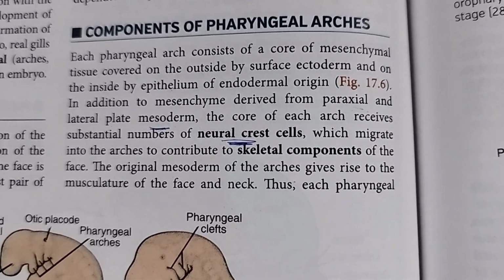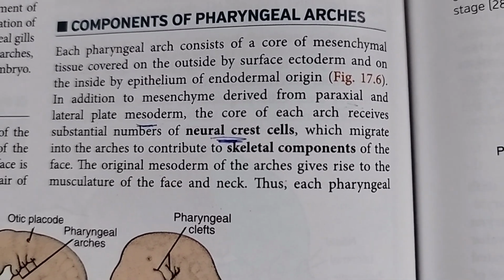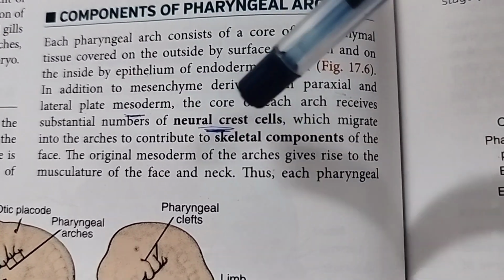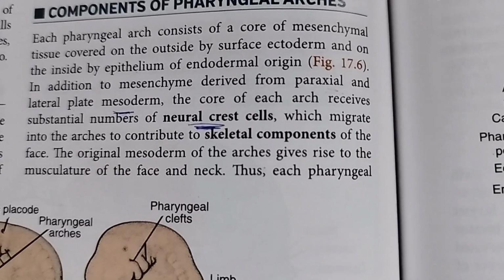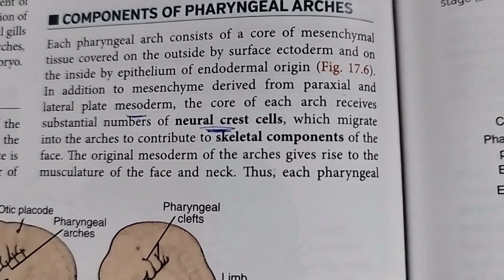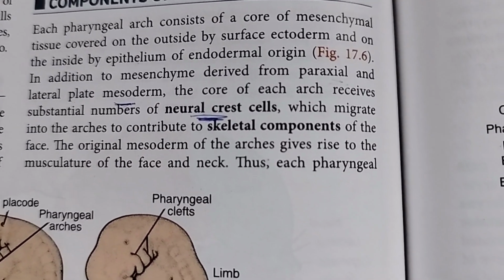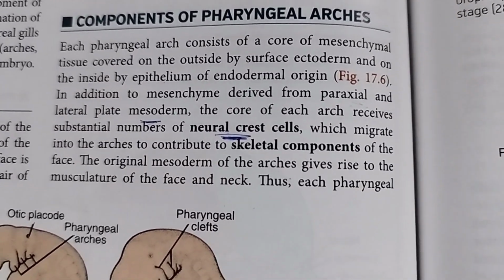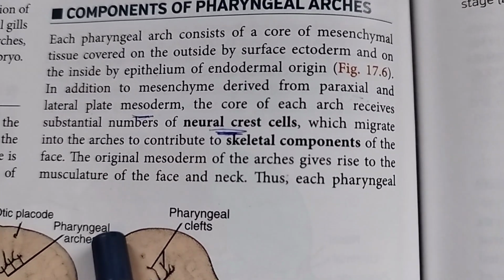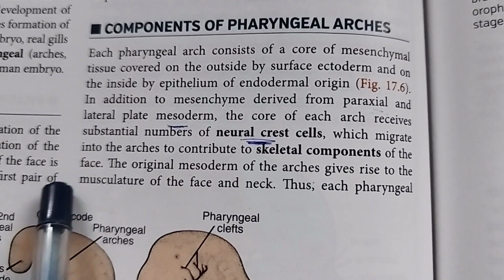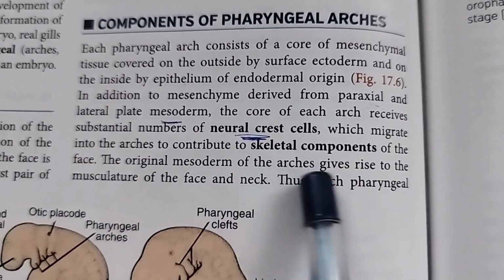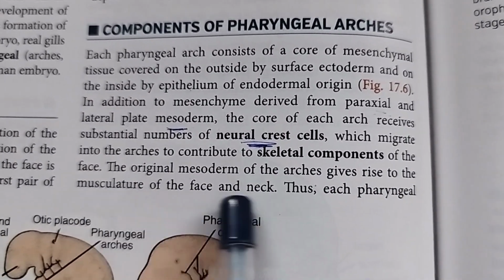So the skeletal components that are derived from the arches are from neural crest cells that are present in the mesenchymal tissue, that is present in the core of these arches. And the mesoderm of the arches gives rise to musculature of face and neck.